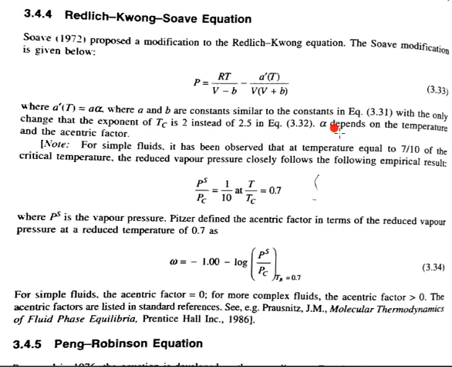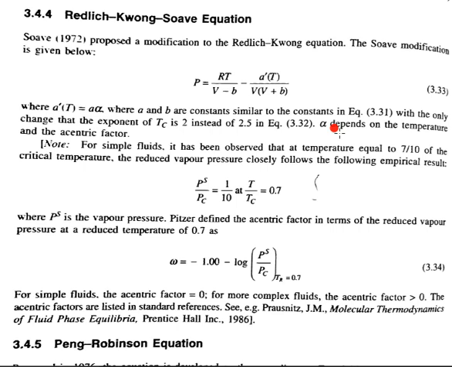For a simple fluid, it has been observed that when temperature is equal to 7/10 of the critical temperature, the reduced vapor pressure closely follows the following empirical result: Ps/Pc = 1/10 at T/Tc, which is considered as 0.7.